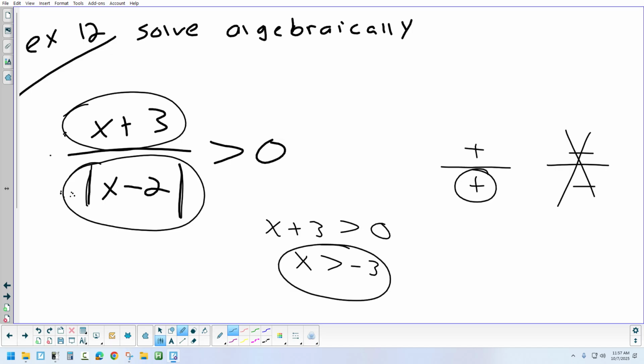As long as you pick a number that's bigger than negative 3, the top will come out positive. The bottom is always positive. Who cares, it's an absolute value. Positive divided by a positive will always give you a result greater than 0. If you don't pick a number greater than negative 3, then the top will come out negative, and that won't work. Then you'll have a negative divided by a positive. That's not bigger than 0.